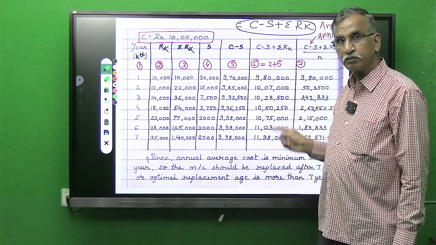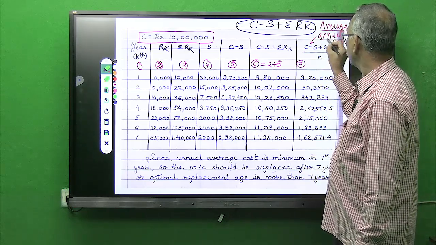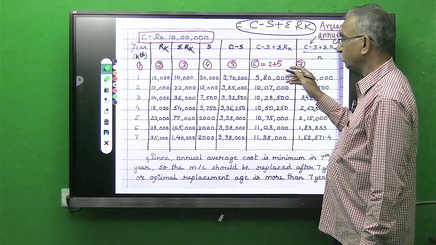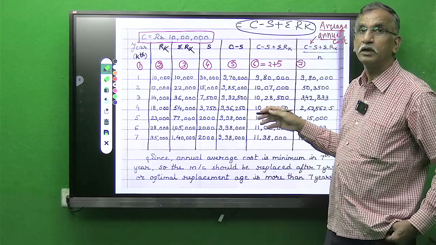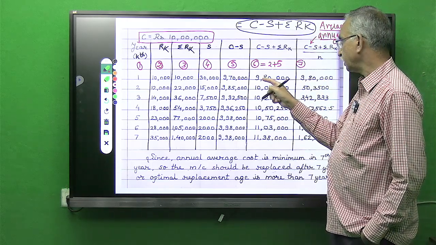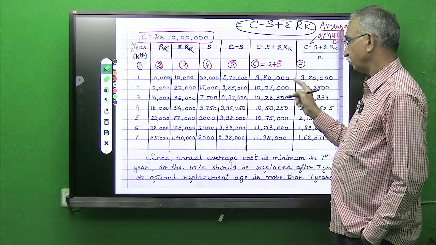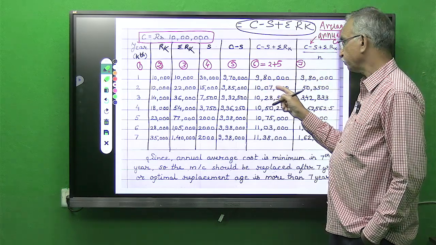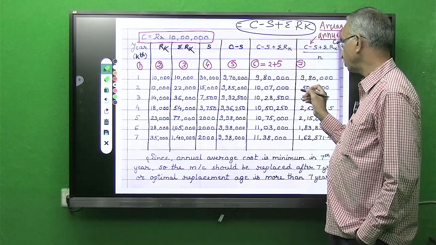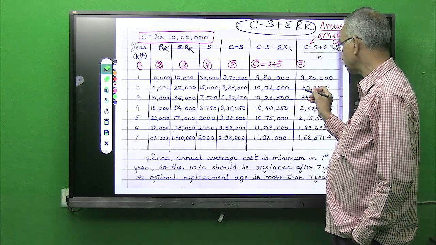So from this what we have to get is the average annual cost, and when the word is average, we have to divide this value by the number of years. So here if you divide 9,08,000 by 1, you will get the same value. But if you divide 10,07,000 by 2, you get this value.